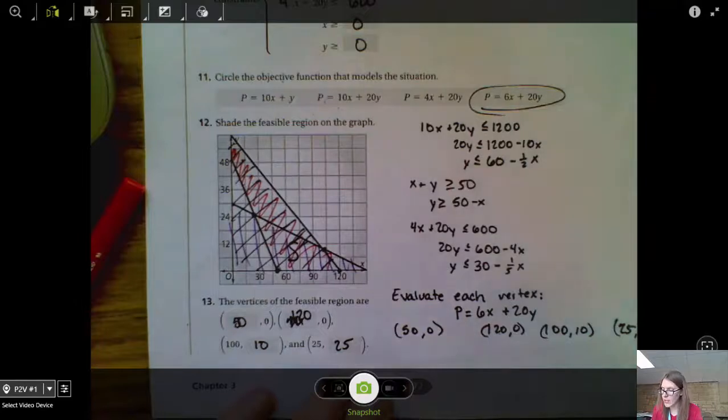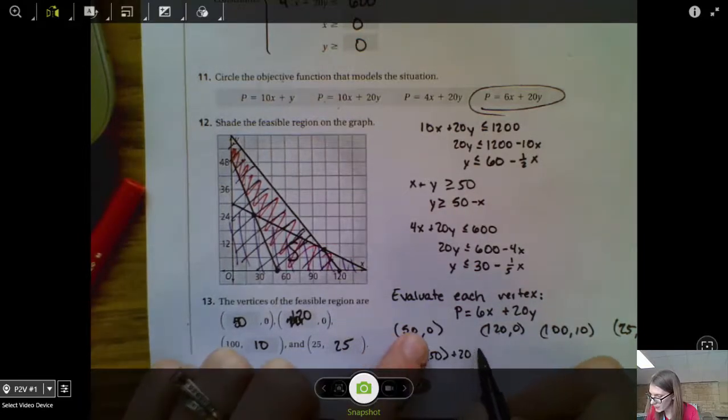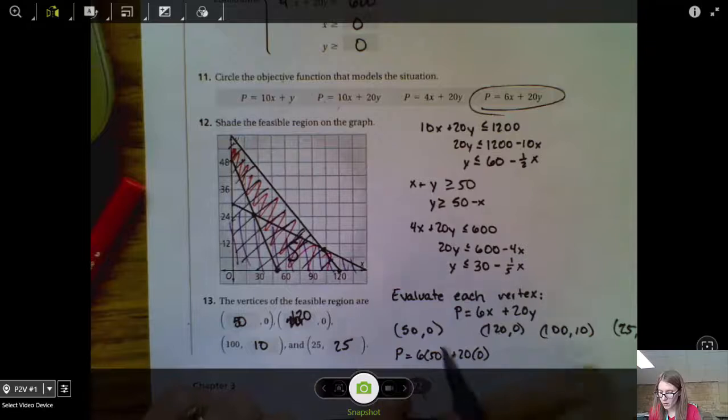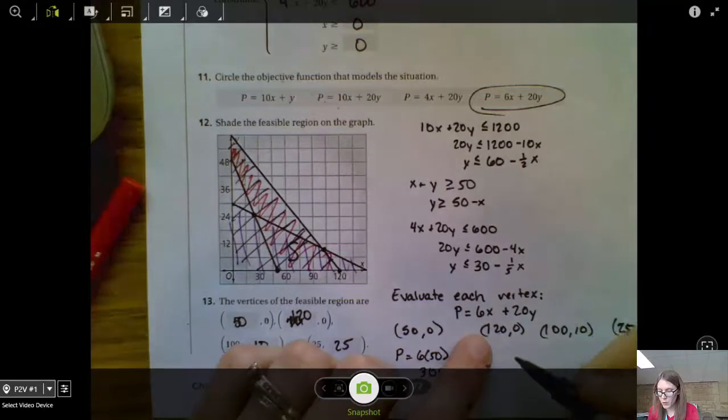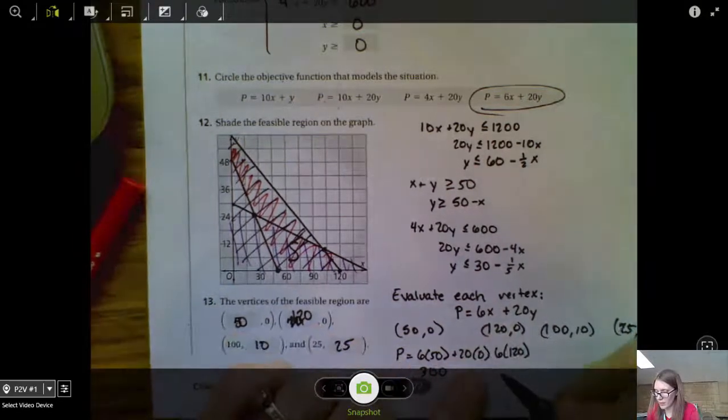So plug each vertex in for x and y. P is 6 times 50 plus 20 times 0. Work this out, we get 300. 120, 0. Plug it in. 6 times 120 plus 20 times 0. Okay, 6 times 120 is 720.